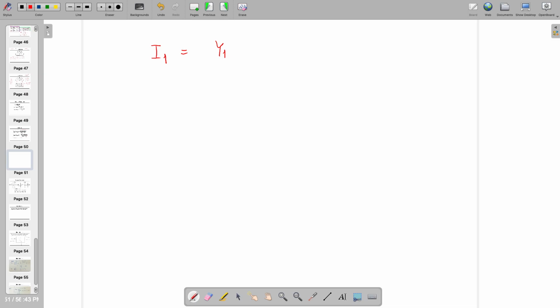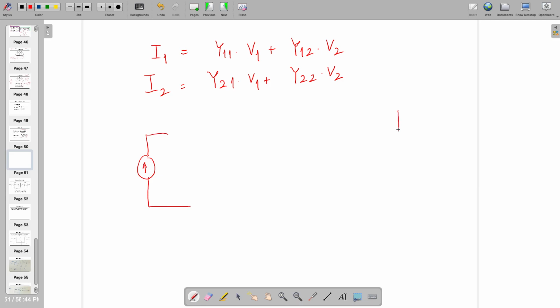I1 is equal to Y11 times V1 plus Y12 times V2, and I2 is equal to Y21 times V1 plus Y22 times V2.